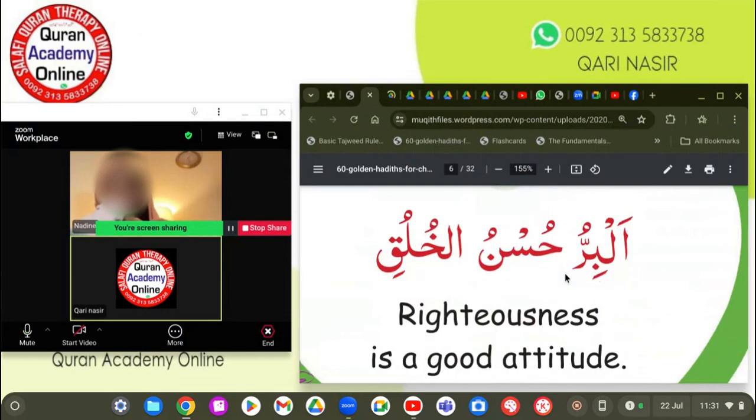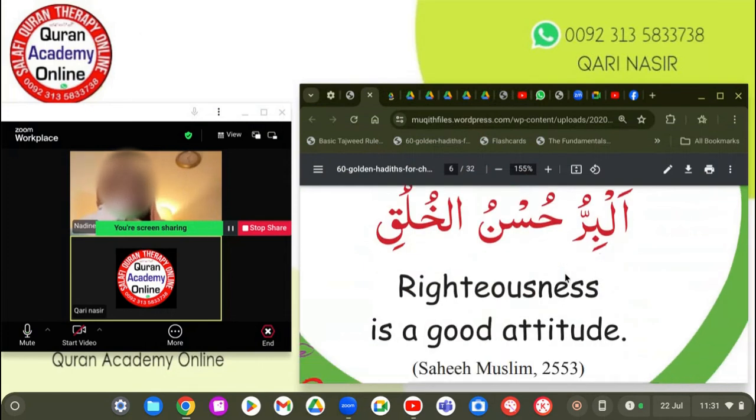Yeah, rightness is a good attitude. Good attitude. Sahih Muslim, hadith number 2553.